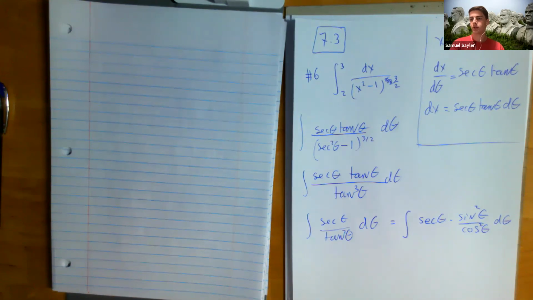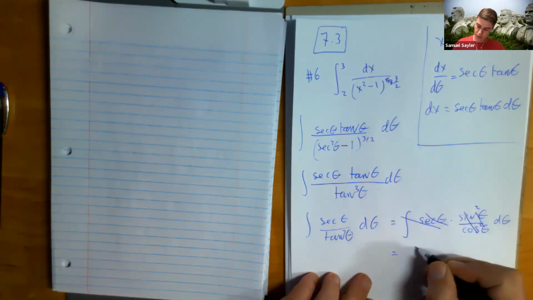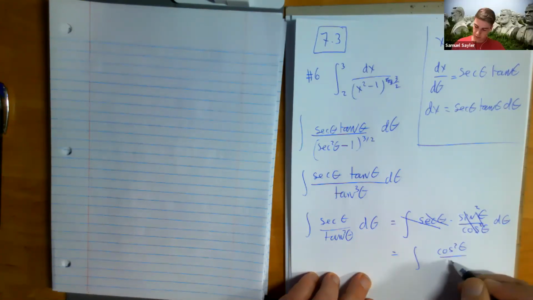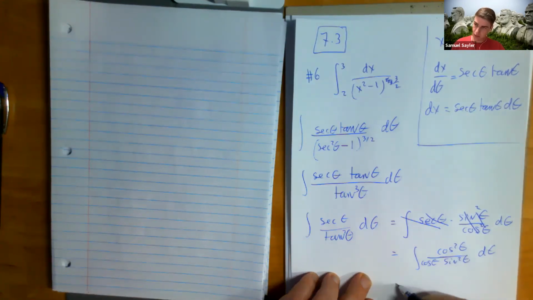Right, because when you bring the tangent to the top, it should flip to cosine squared over sine squared, right? What about the secant? Secant is 1 over cosine. That cancels out. So what you're left with is a cosine theta on the top, if we've got this correct, and a sine squared theta on the bottom. Is that correct?